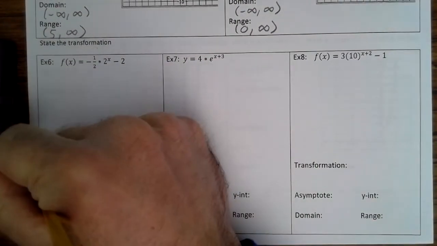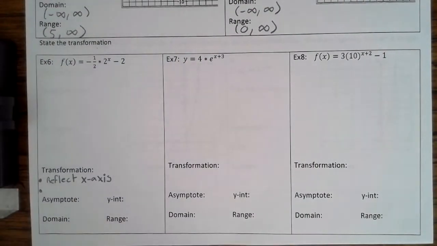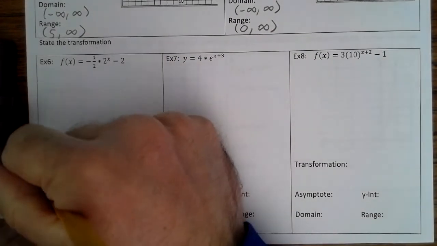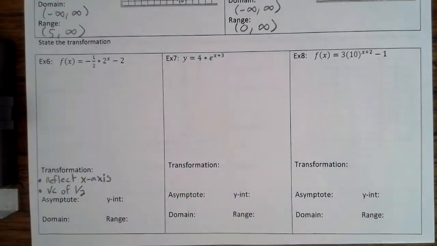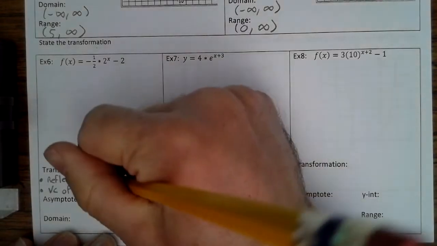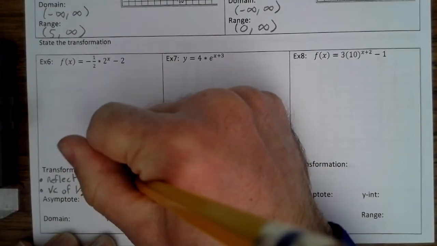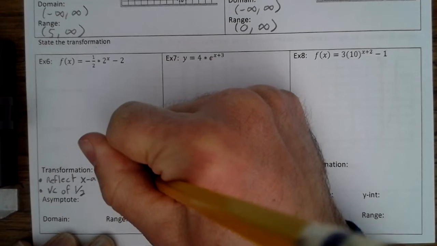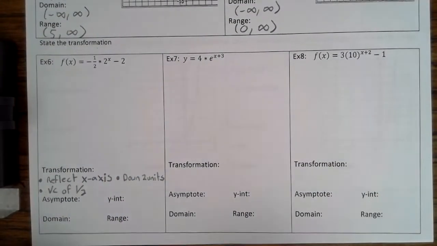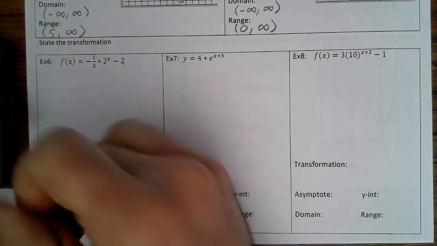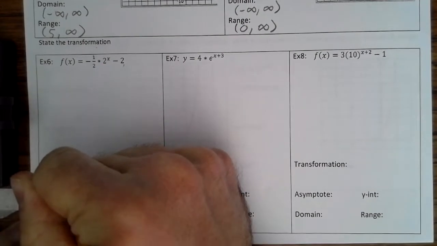Okay, we have a vertical compression of 1/2. And then we have down 2 units. Now, the asymptote is at this number, so y equals -2.